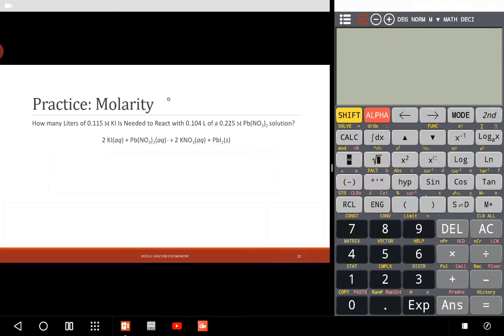Okay, let's go over this. Let's identify what conversion factors we will need to get into moles, change compounds, and then get out of moles. So what are we given? How many liters?